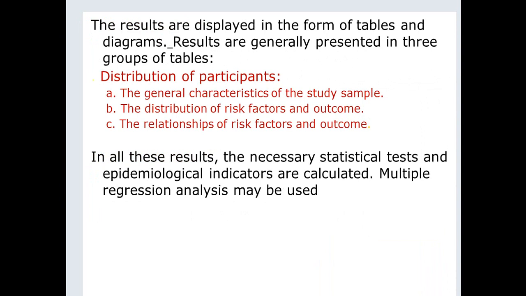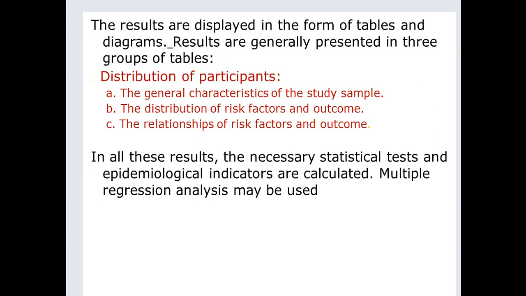The results are generally presented in 3 groups of tables. So we are talking about the distribution of participants. The general characteristics of the study sample: maybe we have 300, 400 persons in a study.